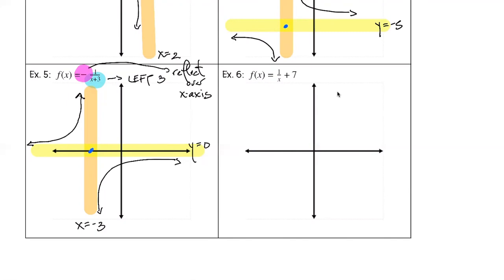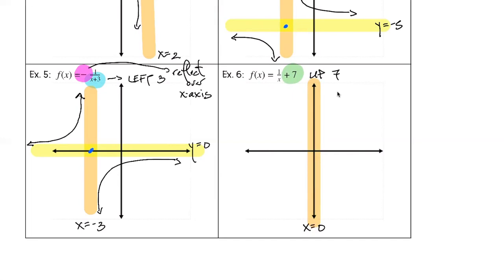All right, we got one last example. We've got f of x equals 1 over x plus 7. So only one thing is happening here. We are moving up 7 units. Well, if we're moving up, that means that my vertical asymptote is going to stay where it is, and we can label this as x equals 0.